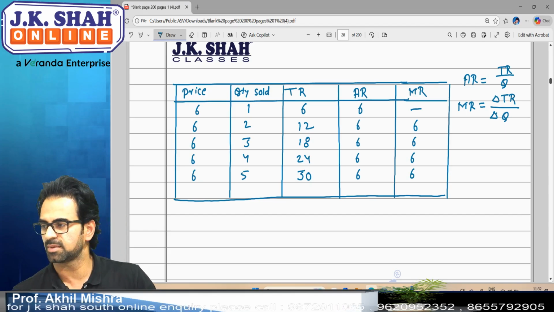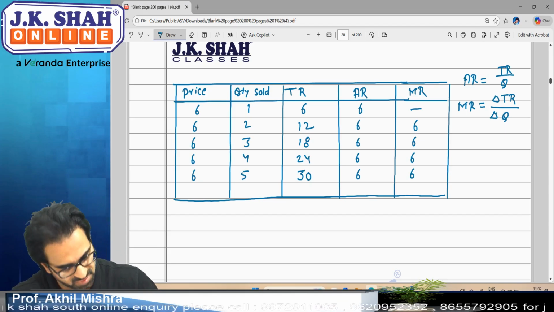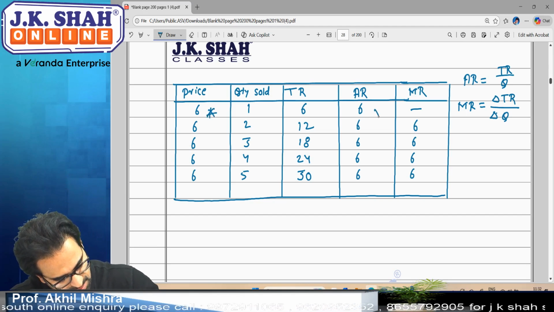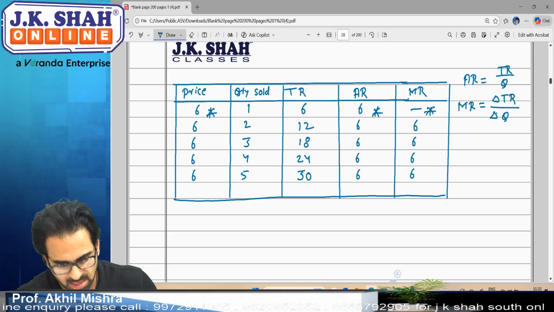If you see this table very carefully, you see here the price, the average revenue, and marginal revenue all are same.